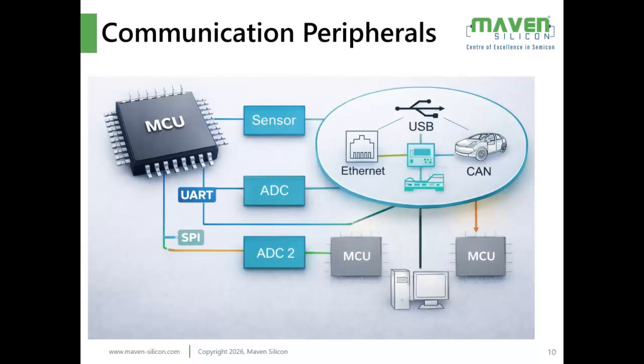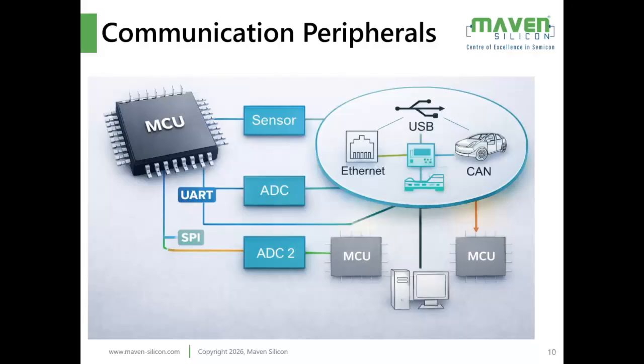So many protocols are there for transmitting data from one particular embedded system to another, or you can say from one MCU to another MCU. And even if it's not an MCU, sometimes we use those protocols to transfer data from one MCU to a PC also, right? So the common communication protocols that we use are UART, SPI, I2C, USB, Ethernet.